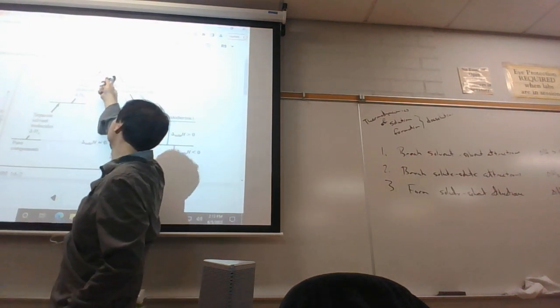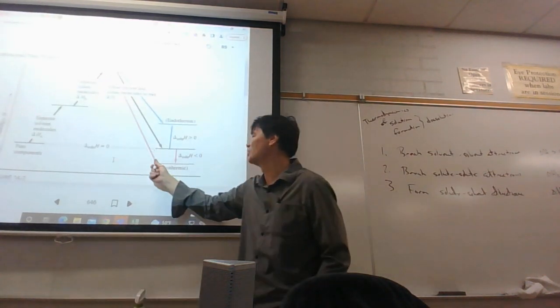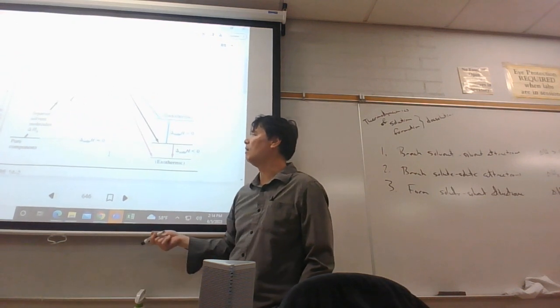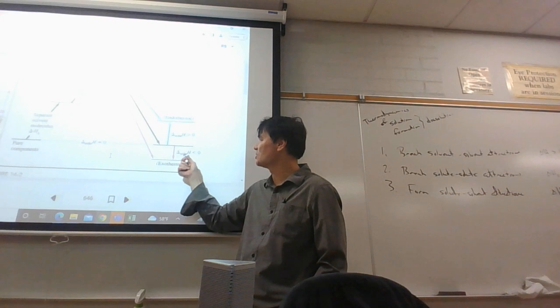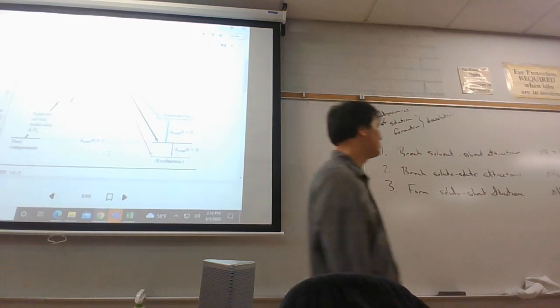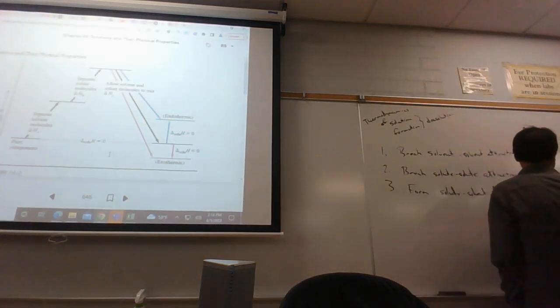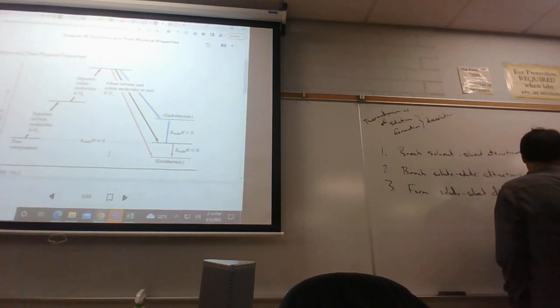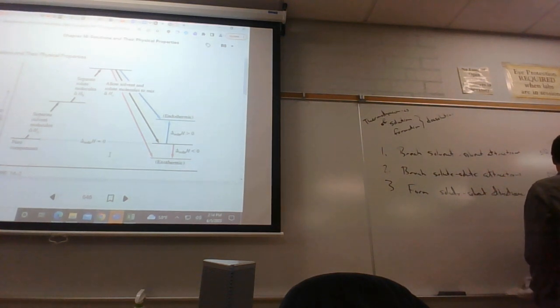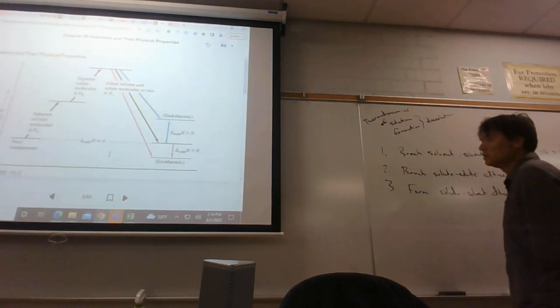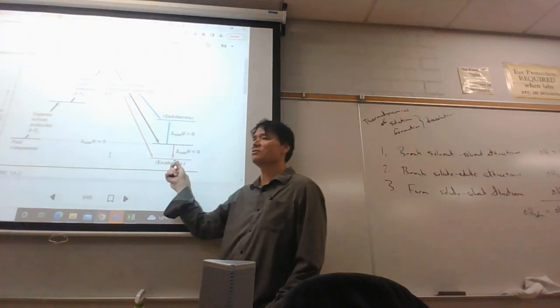This is going to cost us, but look at, if we go on this red trajectory here, then overall, it's exothermic. And so delta H of solution is just the sum of these steps here. So delta H of solution is equal to delta H1 plus delta H2 plus delta H3. And so overall, if this is exothermic, that's favorable.